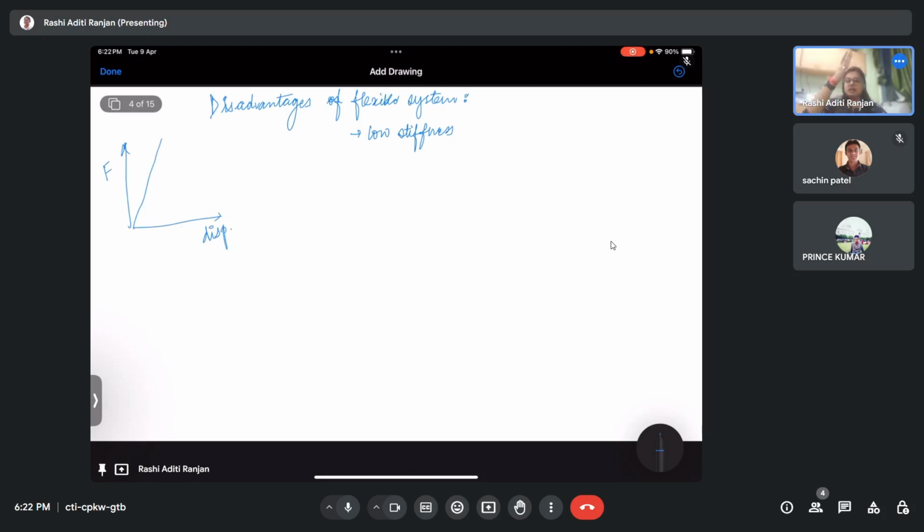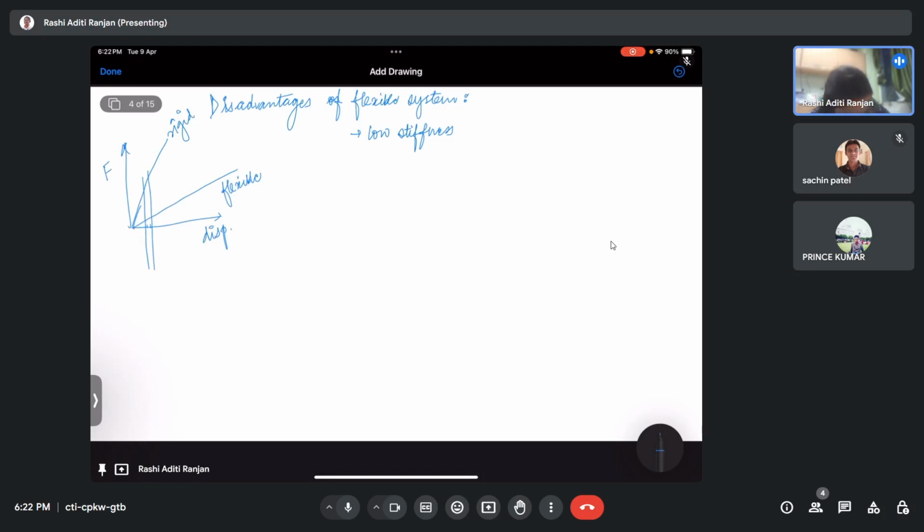The slope is very steep. I'll make another curve to show you an exaggerated view, something like this and something like this. Let us suppose this is my rigid and this is my flexible. And let me talk about a very small amount of deformation.